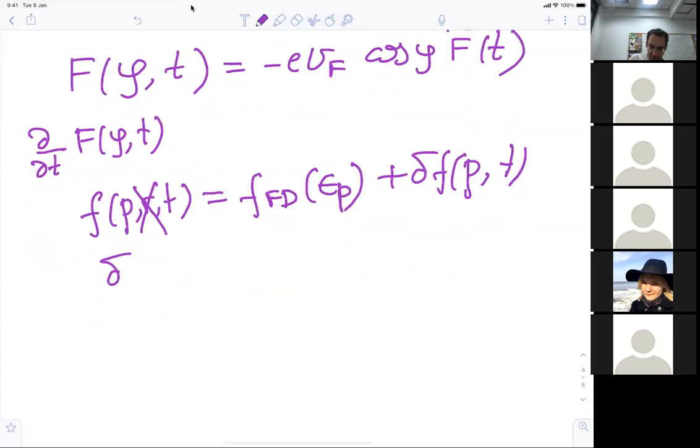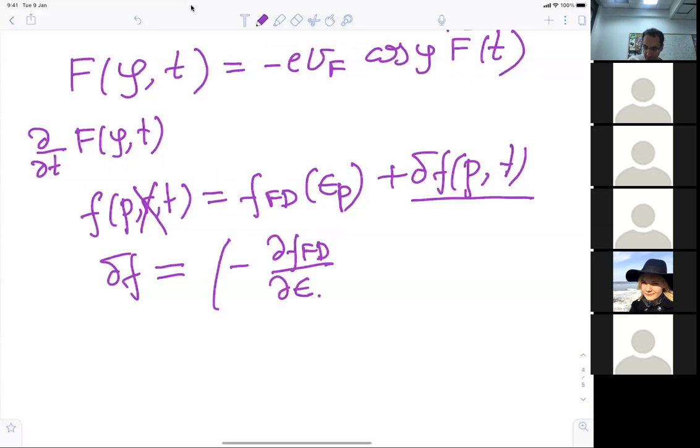So delta f is the non-equilibrium part of the distribution function. That's the correction to the equilibrium Fermi-Dirac solution as a result of the electric field. And then I parameterize this correction as minus df Fermi-Dirac with respect to energy times some function that has an angle dependence.